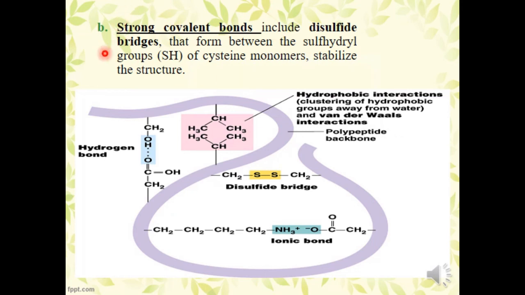Another stabilizing force for tertiary structure is disulfide. Don't forget that there are two amino acids that have sulfur in their side chain, so they can form disulfide bridge if they happen to be close to one another. Here is an example of cysteine monomers.